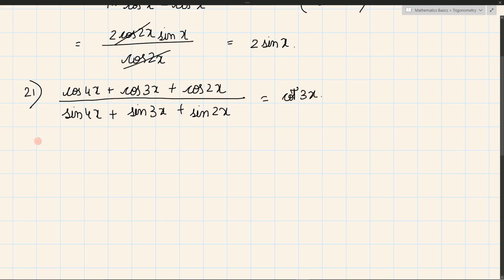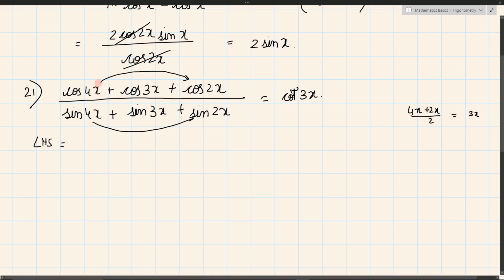So we have LHS is equal to, I will group two terms. Why? Because if we take the average, let's see, 4x plus 2x divided by 2: 4 plus 2 is 6, 6 divided by 2 is 3x, right? If I consider 4x and 3x, divided by 2 is nothing but 7 by 2 x. So this will complicate my problem, so I'll not take this. Instead I will group the first and last terms, right?